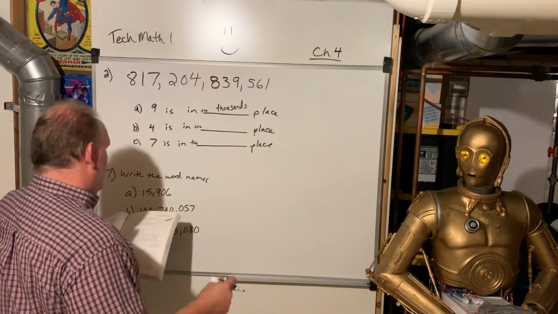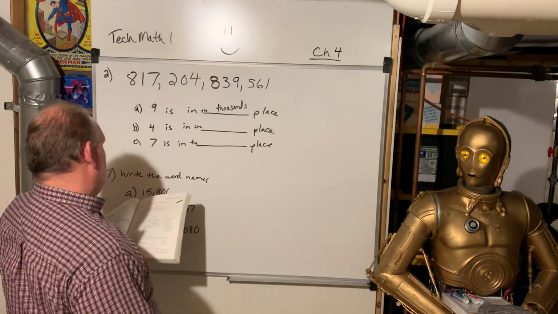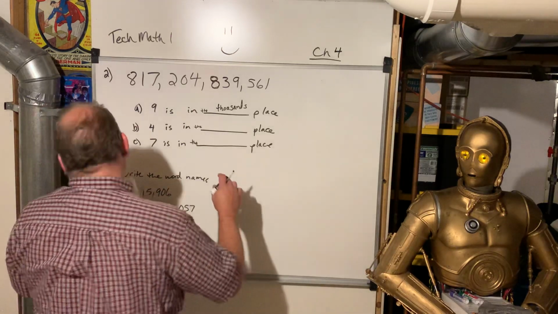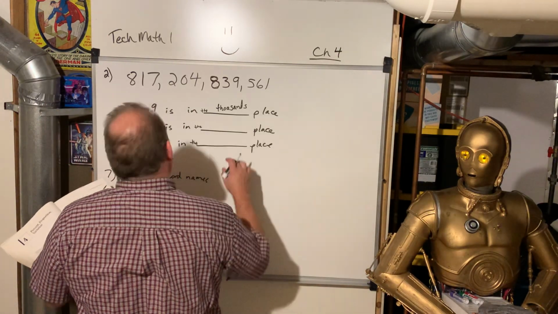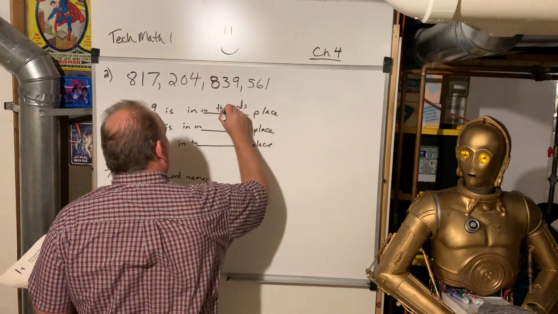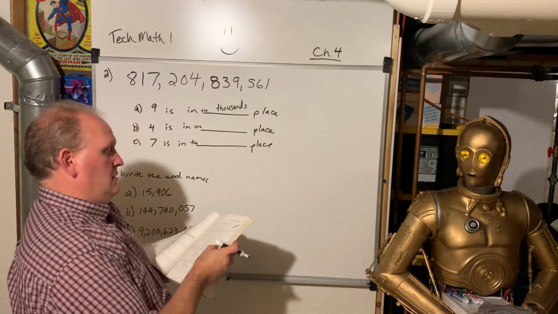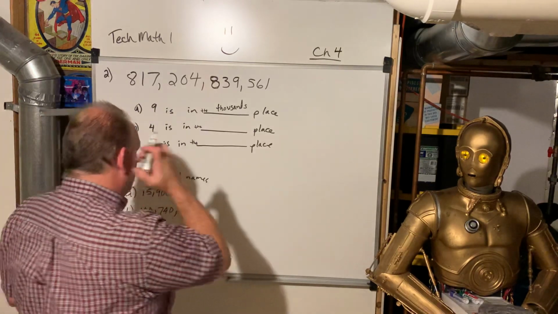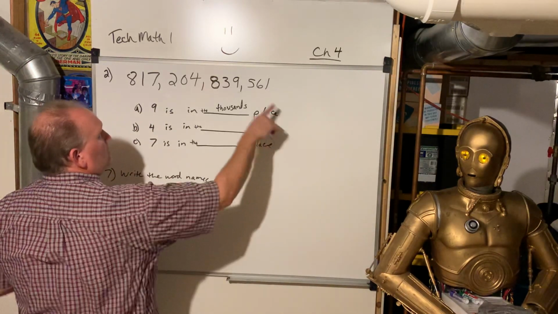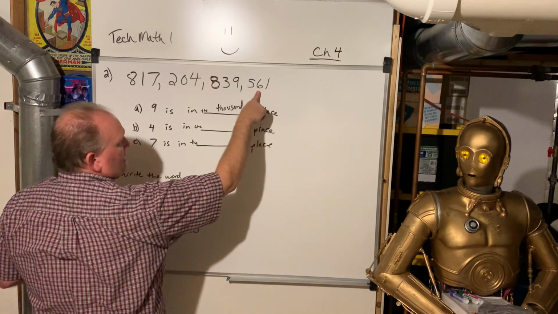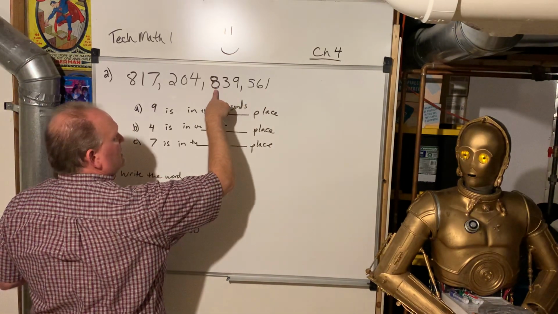All right, how about, oh, that's supposed to be a U, thousands. That's a U. Okay, my U looked like an A. All right, so number 4, what's 4? 4 is in the, let's see, ones, tens, hundreds, thousands, 10,000s, 100,000s.